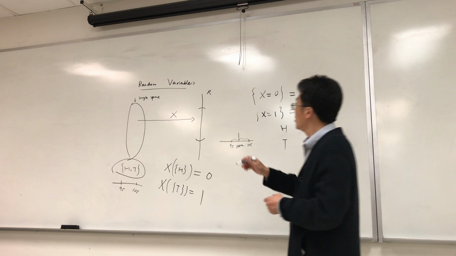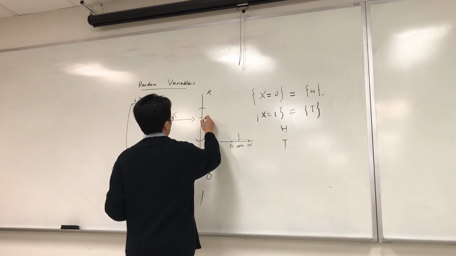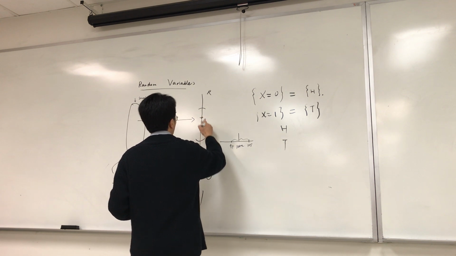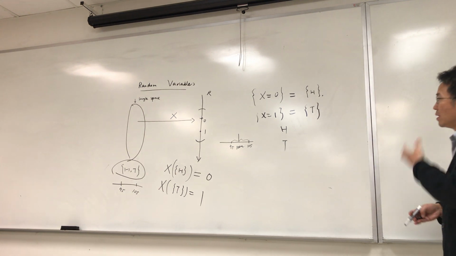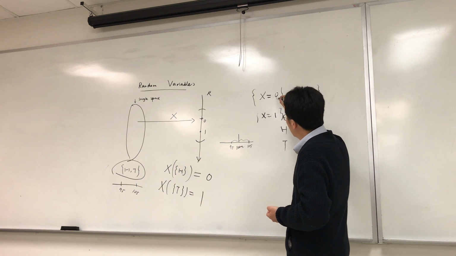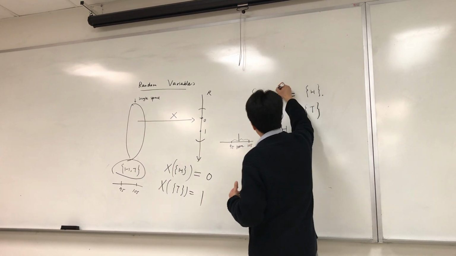Okay, in other words, now we have these two numbers, 0 and 1, just two numbers. And we call X the random variable, right? And the 0 and 1 are two specific realizations.